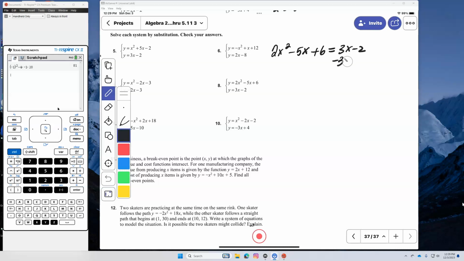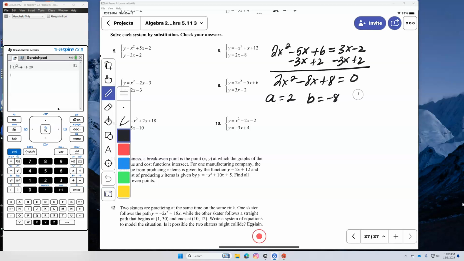So I'm going to subtract 3x from negative 5x, and I'm going to add 2 to the right side and add 2 to 6. So I have 2x squared minus 8x plus 8 equals 0. I have to identify a, which is 2, b, which is negative 8, and c, that is 8.